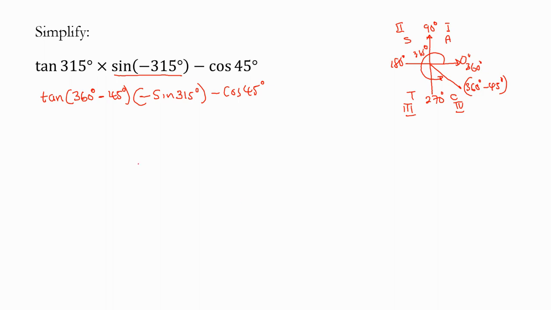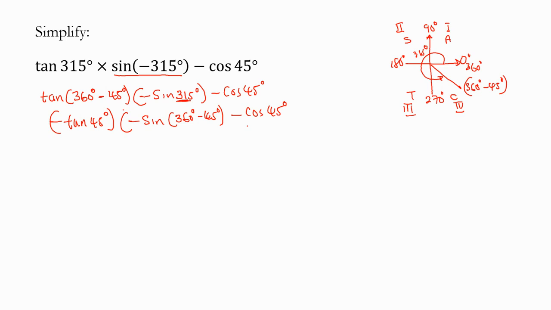Okay, right, now we can reduce tan in the fourth quadrant. Tan theta is negative in the fourth quadrant, so it's going to be negative tan 45 degrees. Okay, this is this one, and then let's deal with this. This is a reduction here, so it's going to be negative sine of 360 degrees minus 45 degrees, and then minus cos 45 degrees.